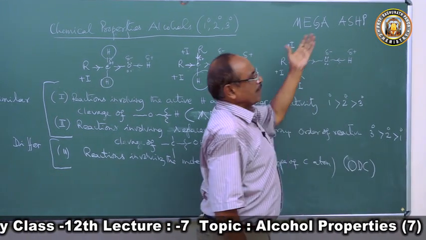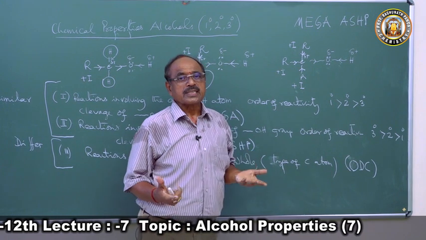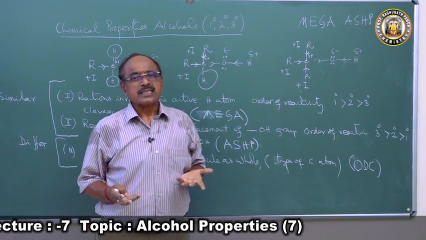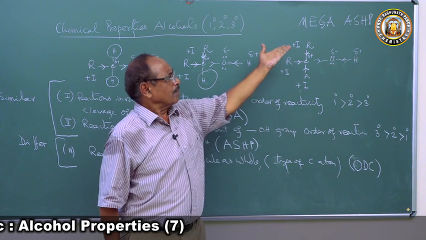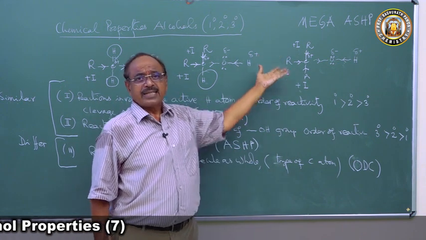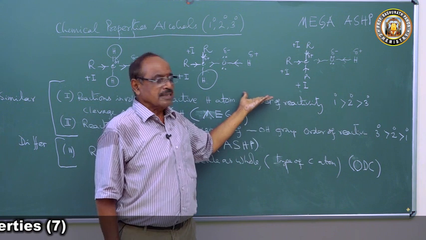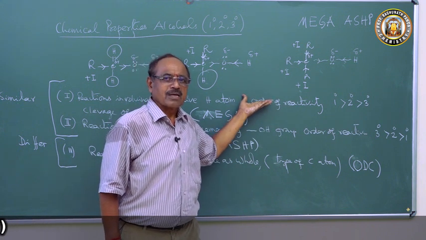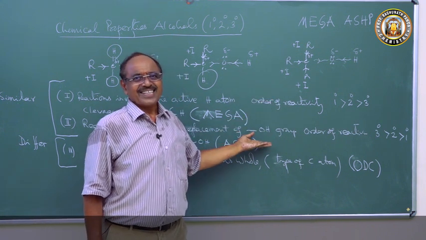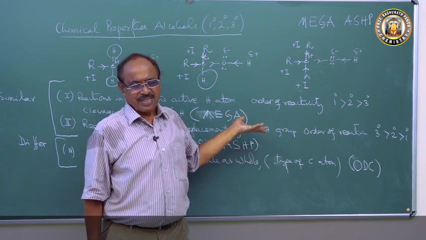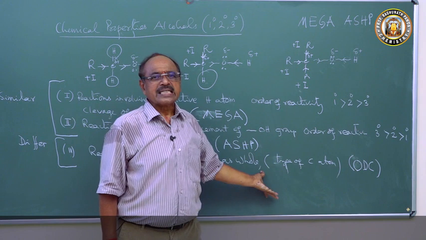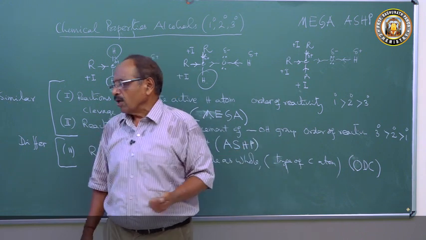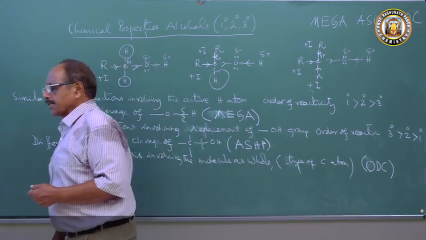You can remember MEGA ASHP ODC for discussing the properties of alcohol. Very easily you can remember this code. MEGA is reactions involving the hydrogen atom, cleavage of the OH bond, and ASHP the reactions involving the OH group, the cleavage of the CO bond, and ODC the reactions in which alcohols differ.